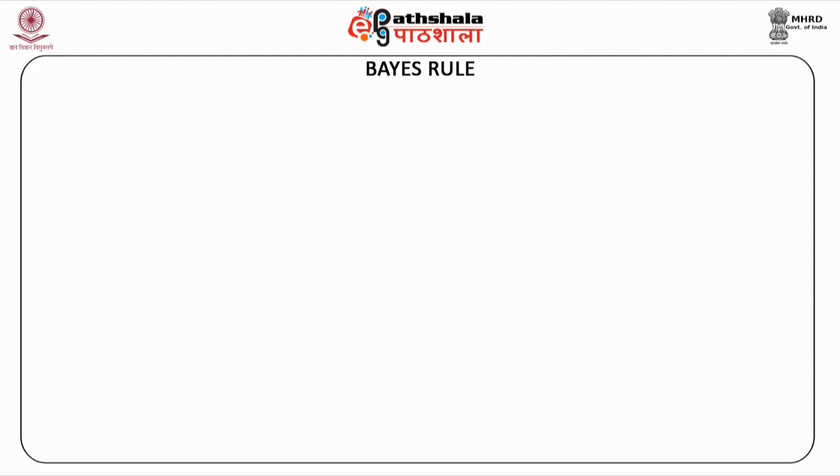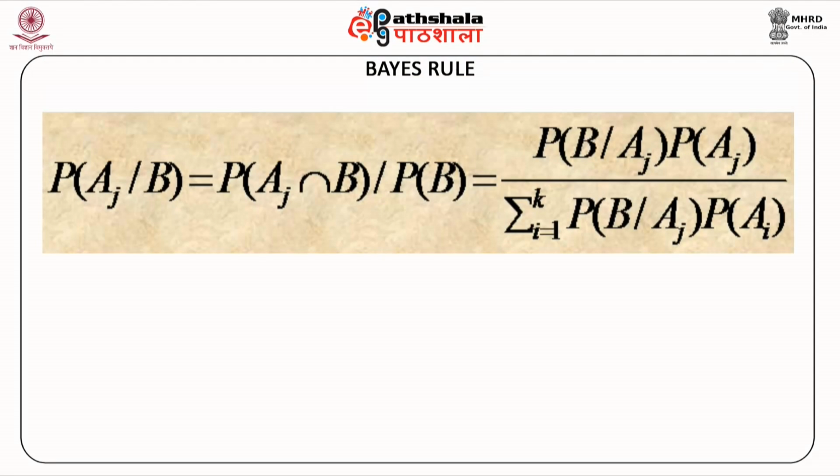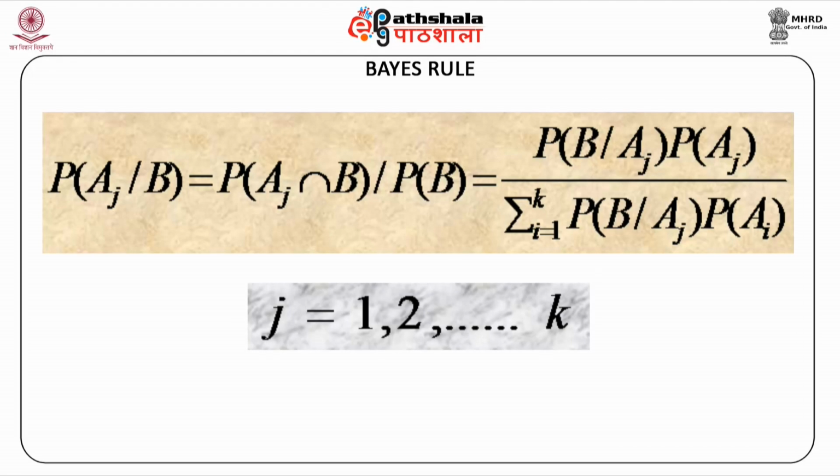Then, for any other event B which is known to occur as a result of the occurrence of the events AI, and for PB greater than 0, the posterior probability of AJ, given that B has occurred, is probability of AJ given B is equal to probability of AJ intersection B upon probability of B, which is equal to probability of B given AJ into probability of AJ upon sigma probability of B given AI into probability of AI, I varying from 1 to k, for j varying from 1 to k.